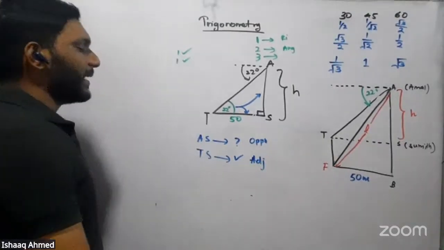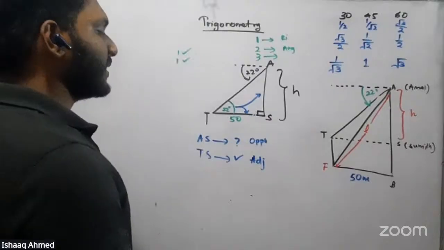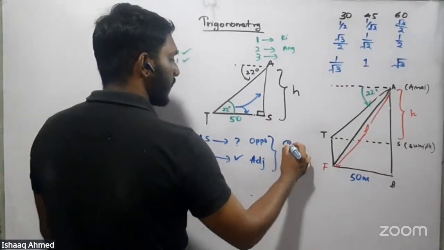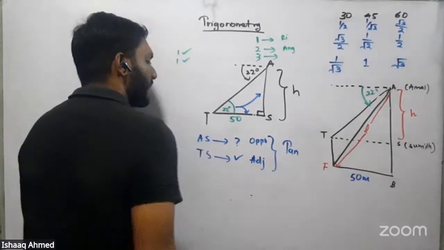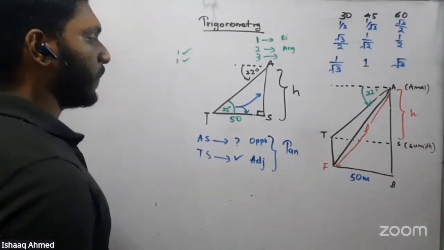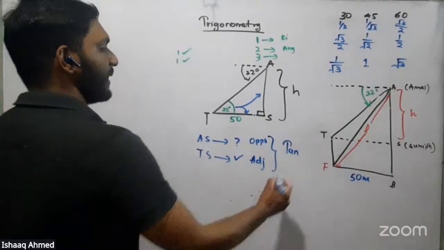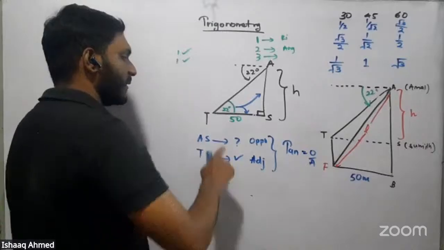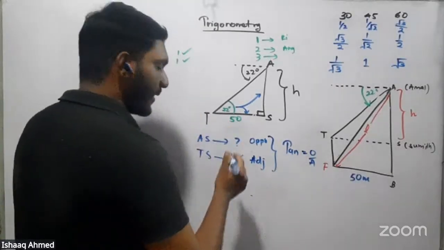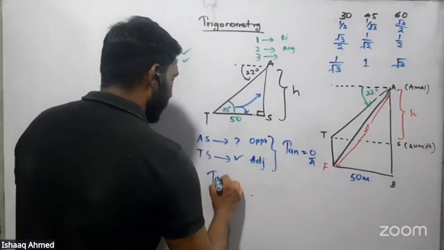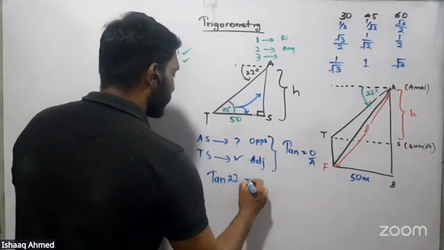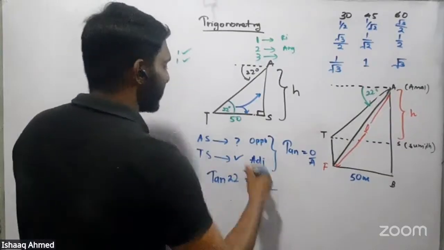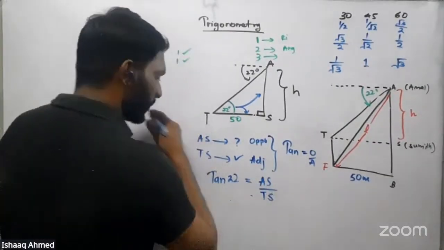What is the trigonometric ratio that deals with opposite and adjacent? Tan, no? Trigonometric ratio that deals with opposite and adjacent is tan. Why? Tan equals opposite over adjacent. Then you have to take tan for 22 degrees. Tan 22 equals opposite AS over adjacent TS.